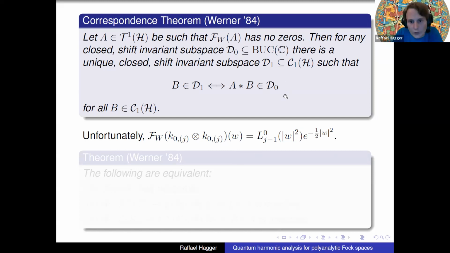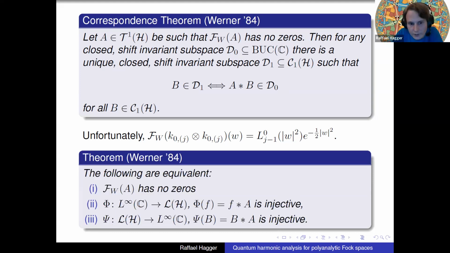It actually gets even worse because by another result of Werner from the same paper, he showed that the following are equivalent. So again, think for A, just this operator here. Then he showed this is equivalent that this map here, and what is this map? Well, this map in this case would just be F convolved with this, and we know this is the Toeplitz operator.